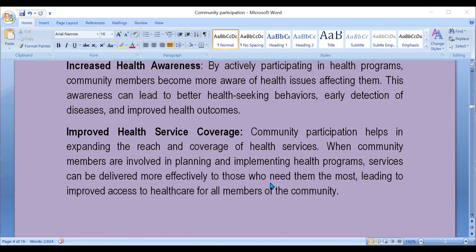They know who suffers what, at what time. So by the time you involve them, they know, Ike Emeze's family needs this drug, and they will go there, even after the work must have come and gone. They always go back to check if actually they received that care. So that's one of the importance of involving community participation.